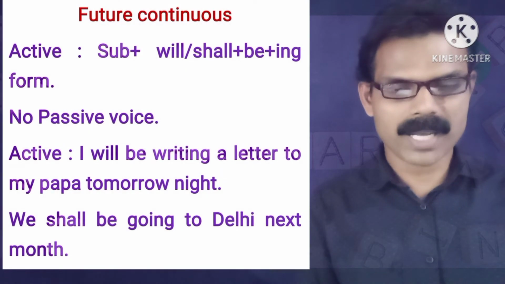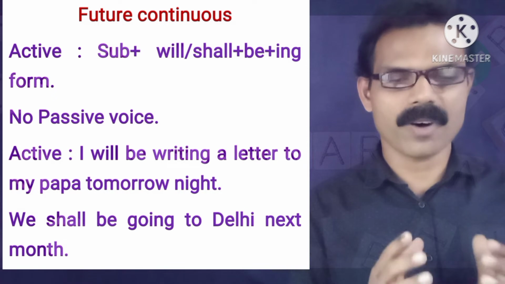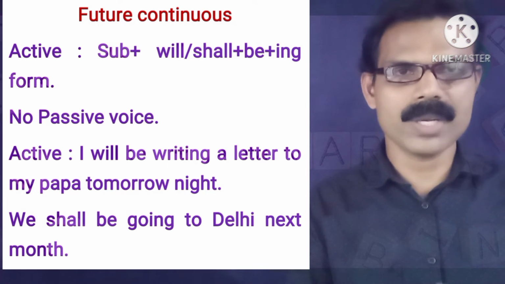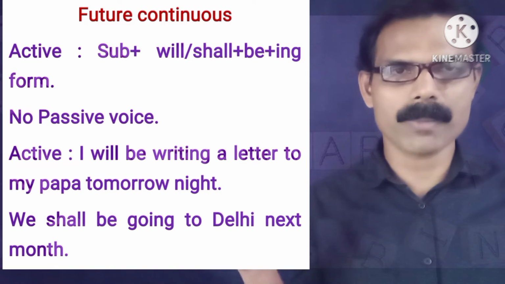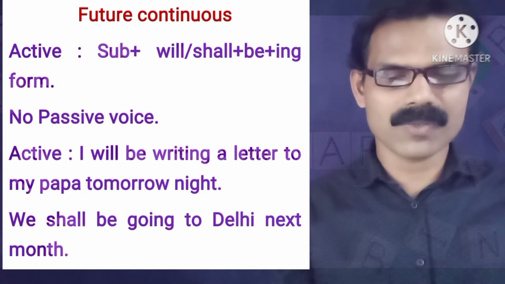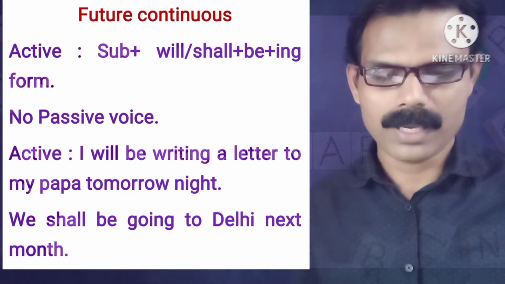Active format. Subject plus will or shall plus be plus ing form. And future continuous has no passive voice. Remember this. Future continuous has no passive voice. Okay, let us go for some example. Active.